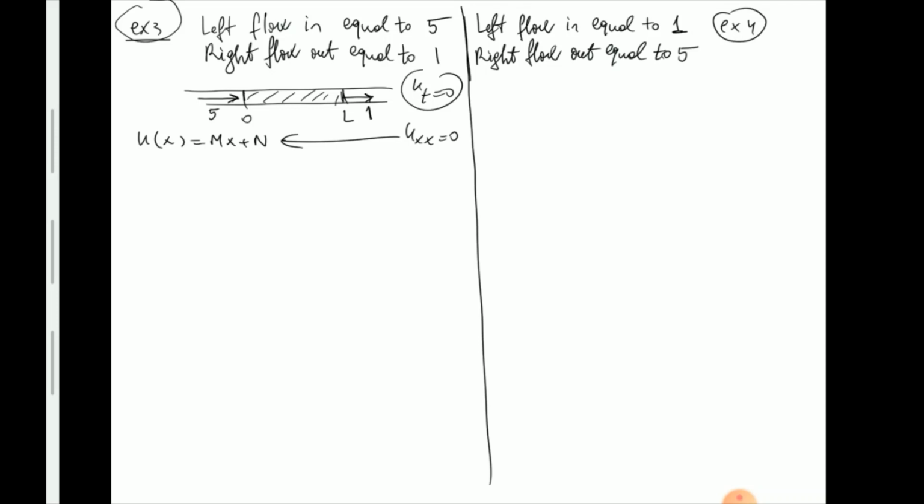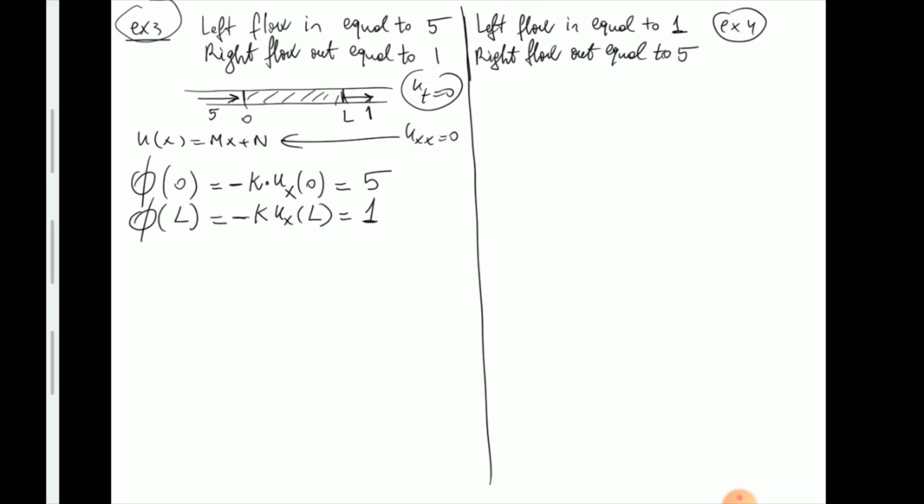Now the boundary conditions, again, are in the form of a flux. So the flux at 0 is just going to be minus k times u partial x at 0. That's the Fourier law of heat conduction, which is equal to 5. And the flux at the right hand point is minus k u partial x at big L, which is equal to 1.